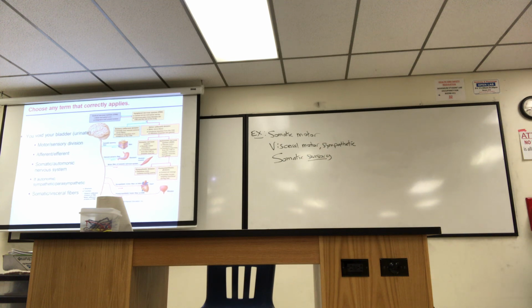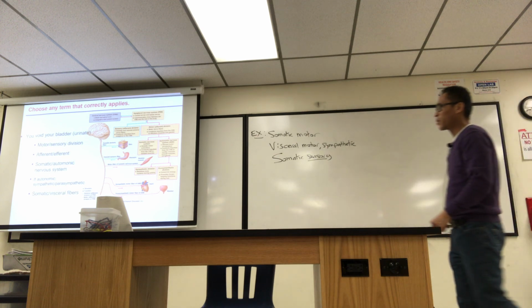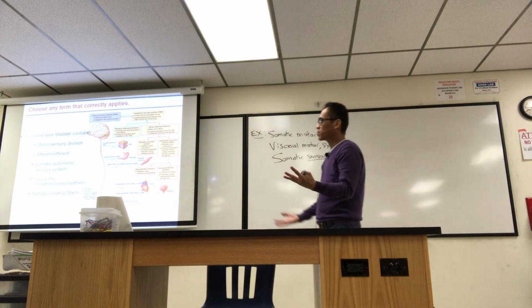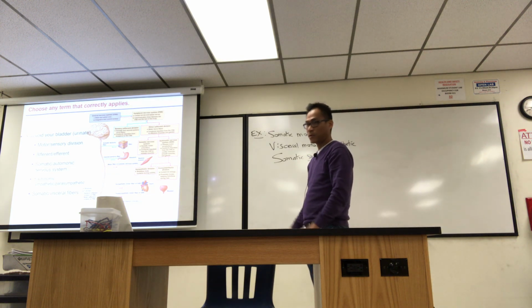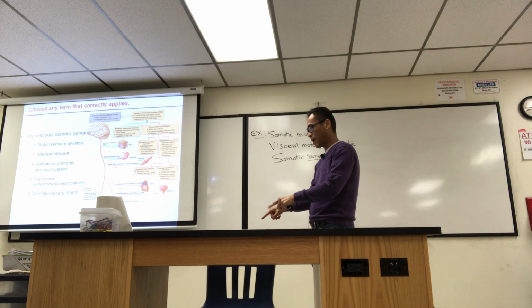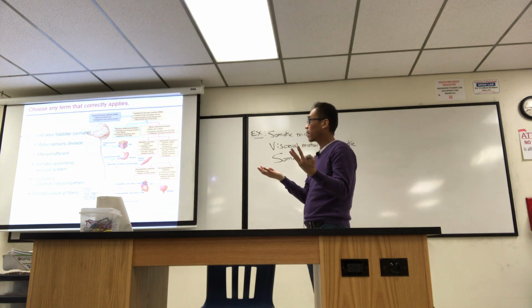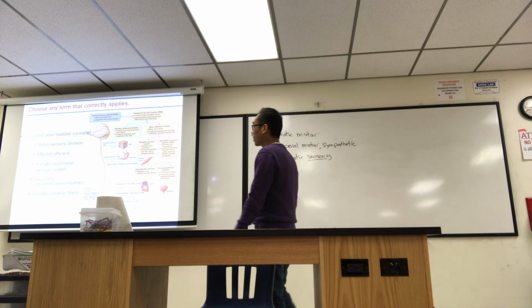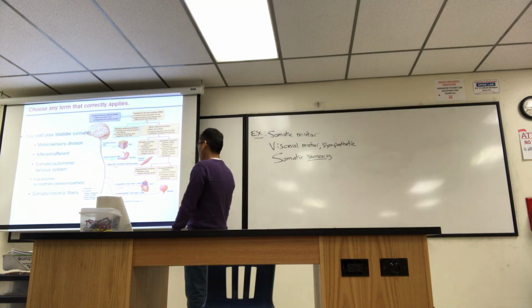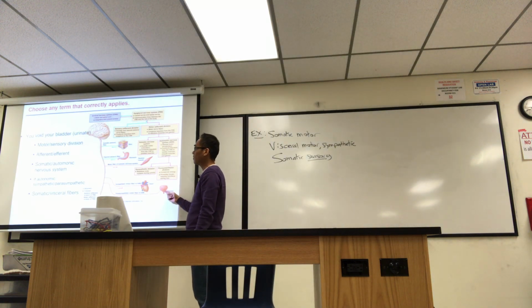You void your bladder during urination. What do you think that's going to be? Let's do this one together. This is how you reason it. Motor or sensory, that's the first category. When you go, is that a motor command or is that something you feel? It's motor. Now I'm talking about the urinary bladder, so would that make it somatic or visceral?